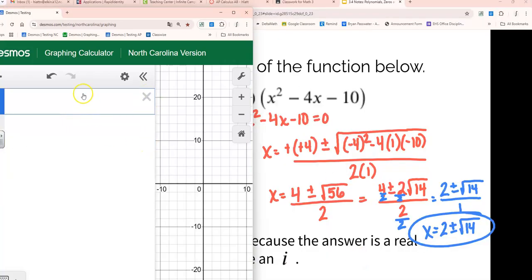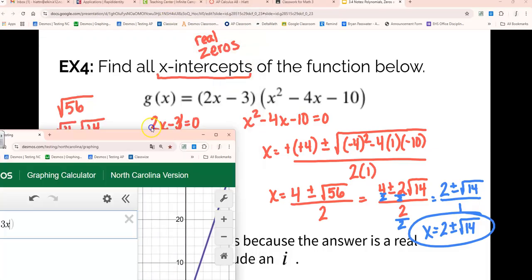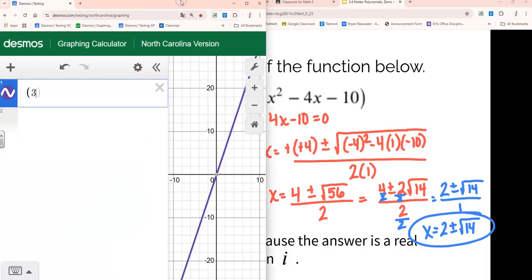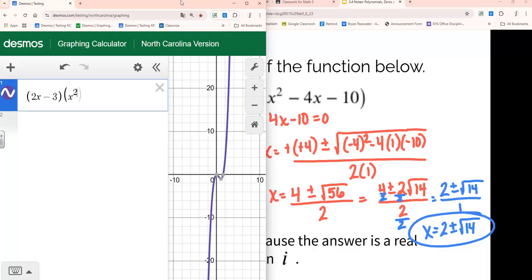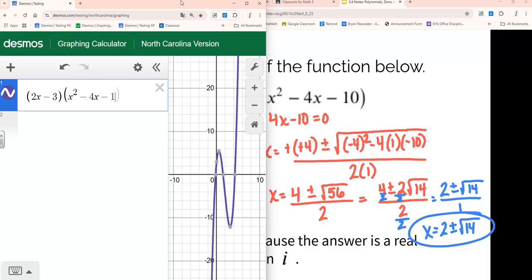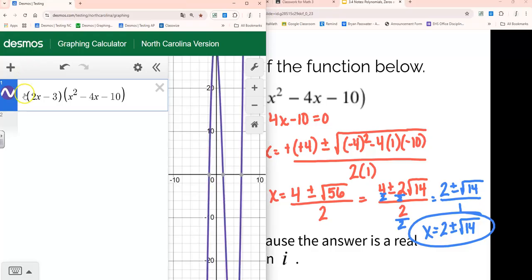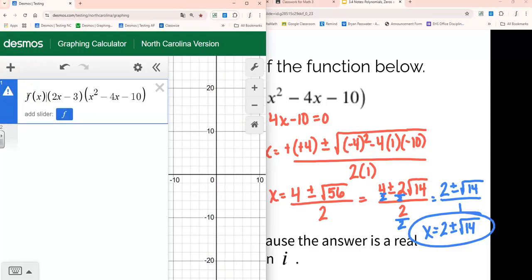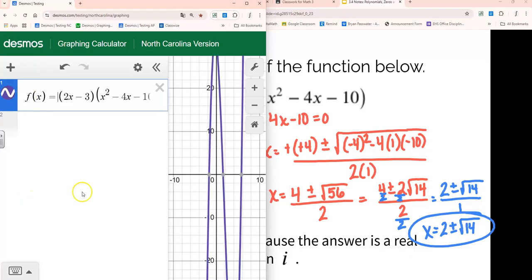here, like if I graph this, 2x minus 3 times x squared minus 4x minus 10. So if I graph this, I get negative 1.741, I get 1.5, and I get 5.74166.